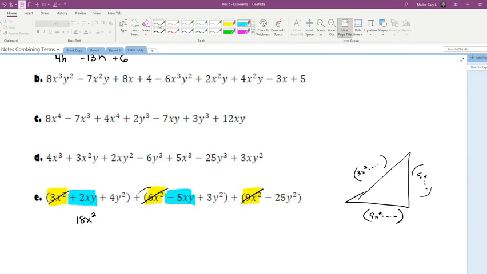So that's going to be negative 3 of them. And then everything else is a y squared. So this will be 4 of them, 7 total, minus 25. So 7 minus 25 is going to be, let's see, take away 5 to get to 20, and then 2 more left. So that would be negative 18 y squared.